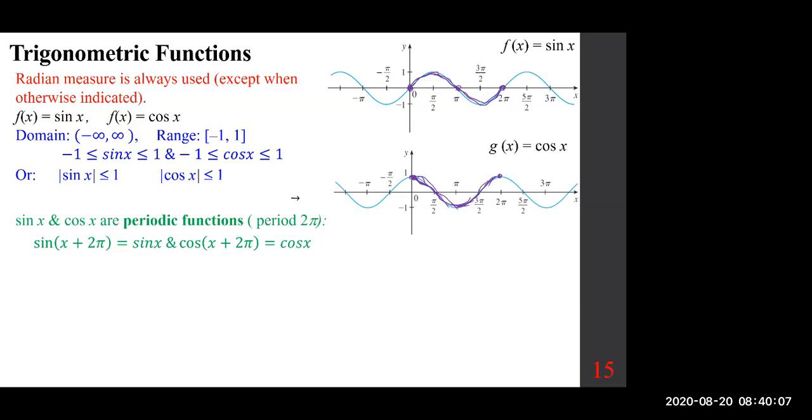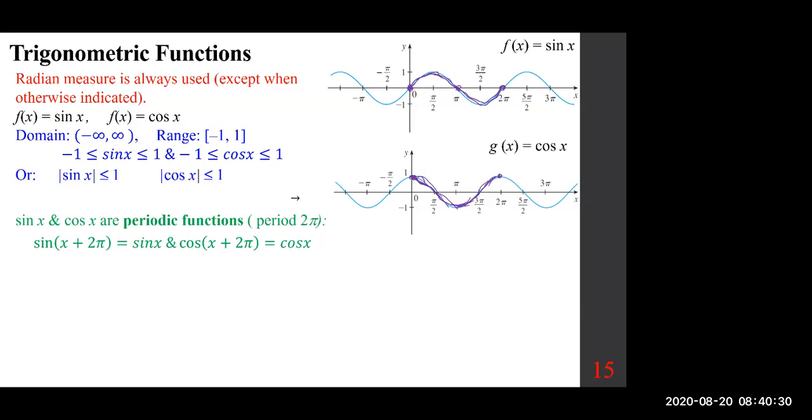By the way, sine and cosine are just the same functions. They have been shifted by pi over 2, okay? So the period is 2 pi. And with that being the case, as a periodic function, if we add 2 pi or multiples of 2 pi, we get to the same function.